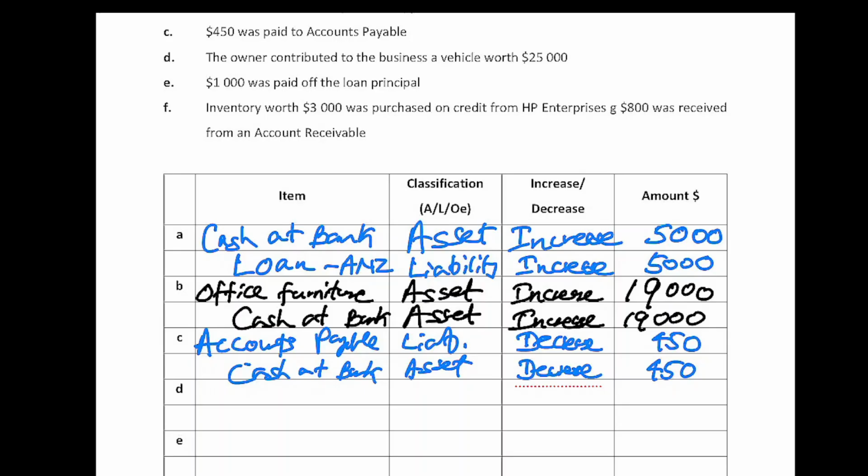What happened? Which items are affected? No, you have to think. What happens to the vehicle? When the owner contributes a vehicle to the business, what happens? Vehicles: increase or decrease?